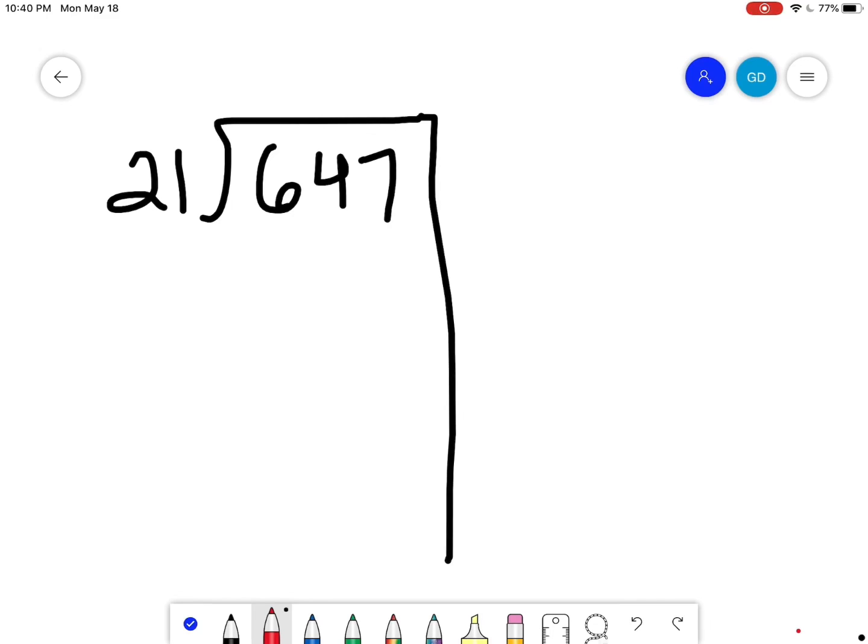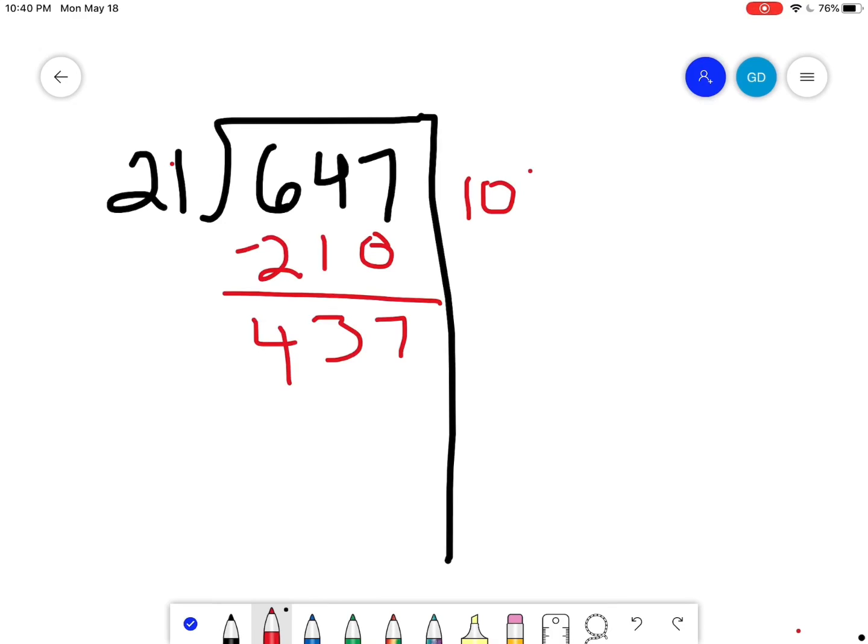And what do I want to start with? Well, I'm always loving the friendly 10. All right, 10 times 21. If I do 21 tens, what I have is 21 with a 0, right? 210. So I take my 210 away.